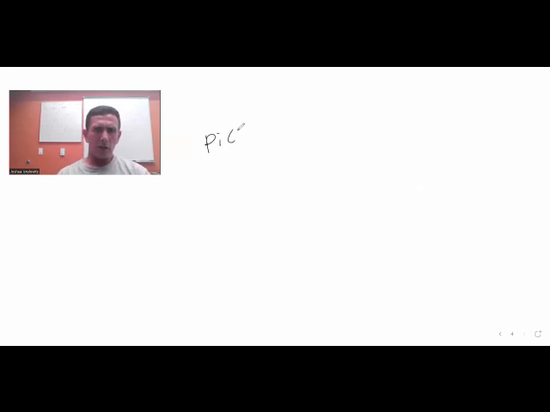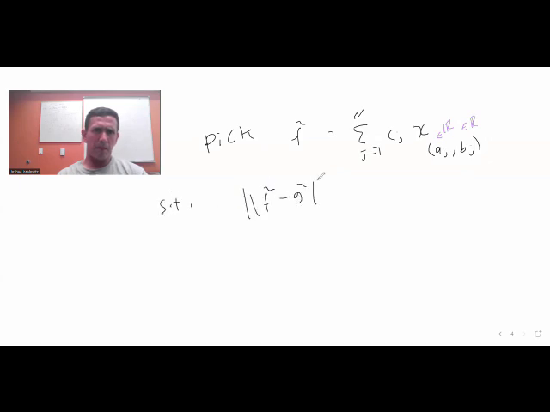So by density of step functions in LP of R, I will pick F tilde, the sum from J equals 1 to N of CJ times the characteristic function of AJ, BJ, where these are real numbers, AJ is obviously less than BJ, but they're both real numbers. Right, so we're basically done.